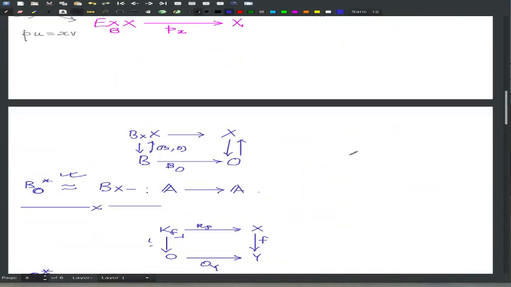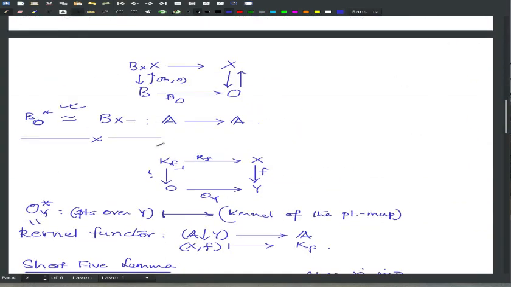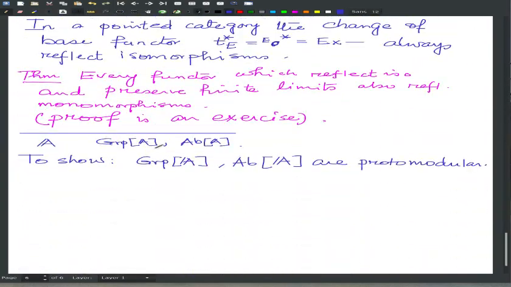So for instance, you have such a kind of a diagram. This 2 out of 3 law holds for them, right? So once I show this, you should be now convinced that the notion of protomodularity is quite important, right?